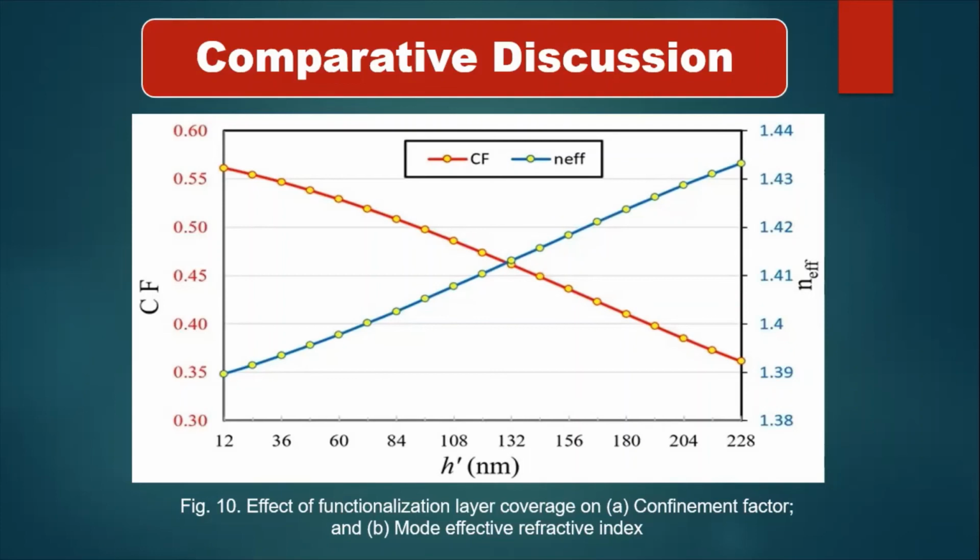Thus, if there is less energy between the silicon nanowires, it means that more energy is trapped inside the functionalization layer, which will help the functionalization layer perform better. So we see that with increase in functionalization layer coverage, the performance of the optical biosensor becomes better. Hence, the silicon nanowire should be completely covered, and also overall, the effective refractive index is increased.